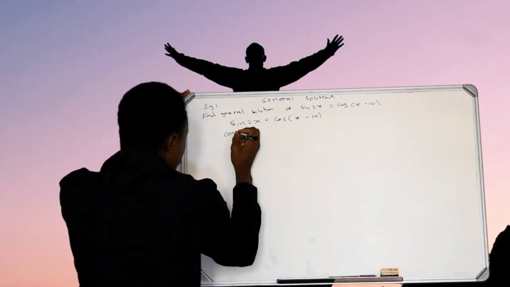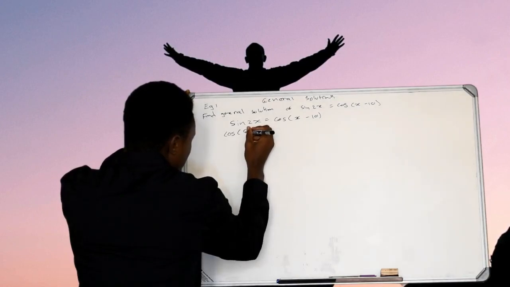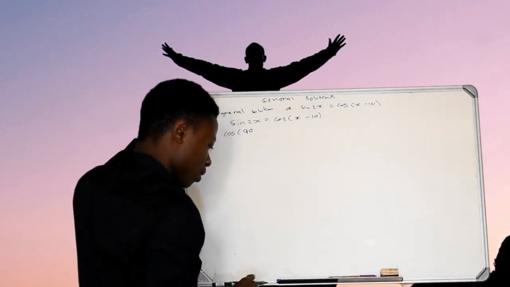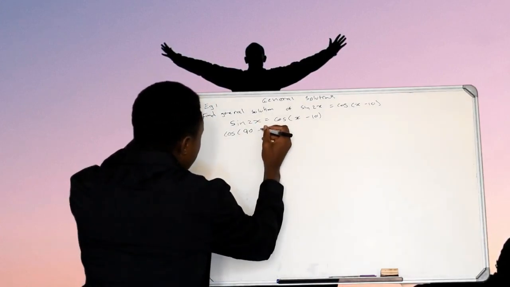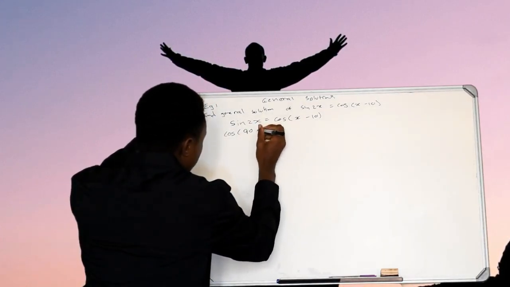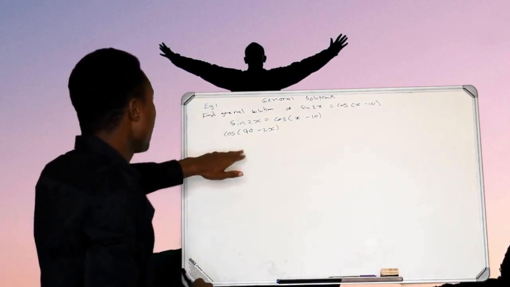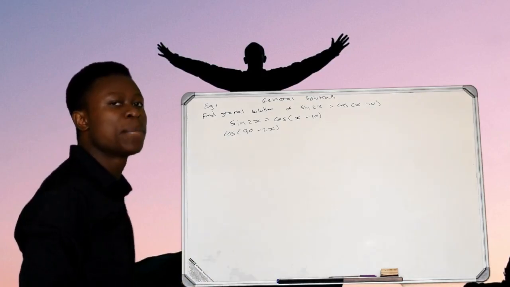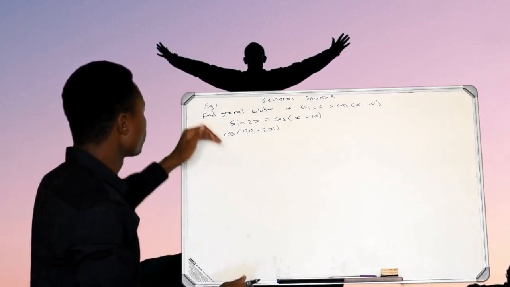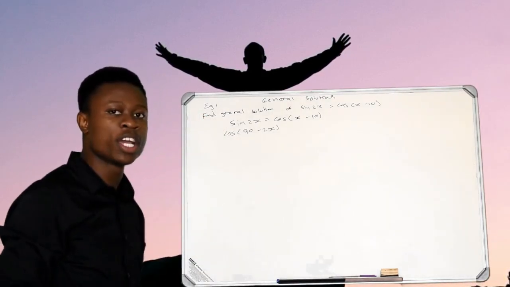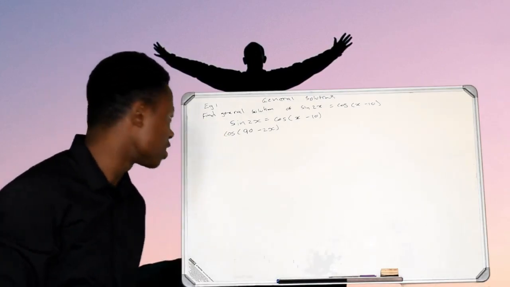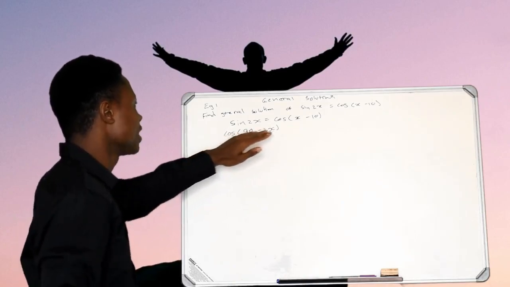It becomes cos 90 minus 2x, right? Why 90 minus 2x? Because if I said cos 90 plus 2x, it would have resulted in a negative sine 2x. But I do not have a negative sine 2x. I have a sine 2x that's just positive, right? So that's why I use cos 90 minus 2x.